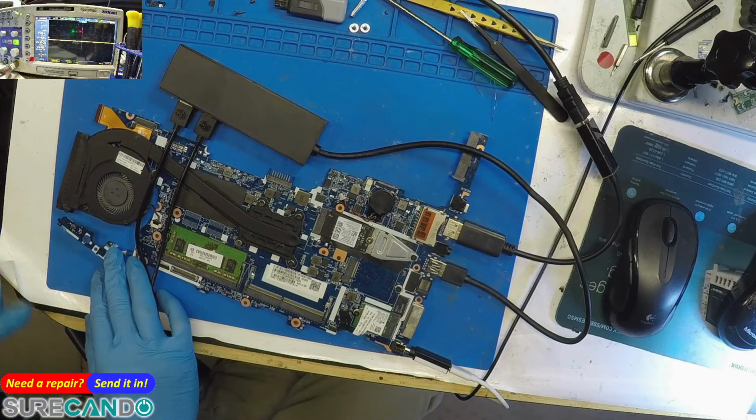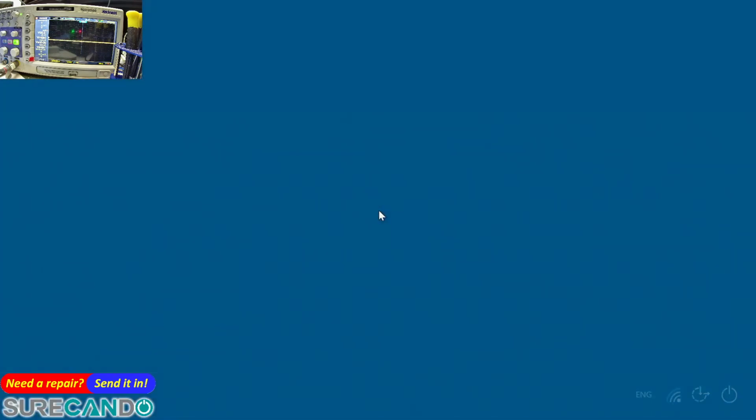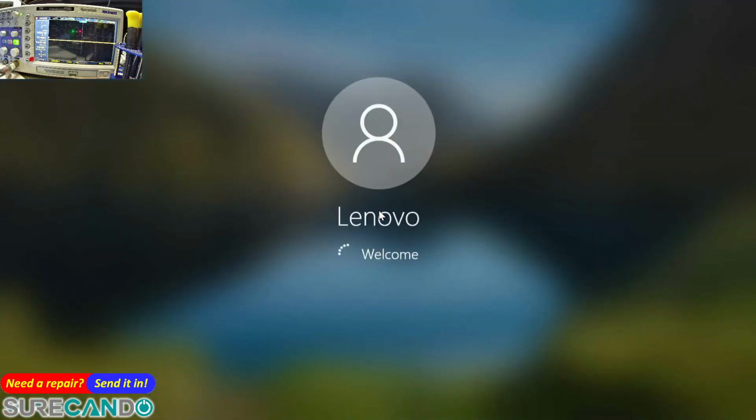Okay, finally, okay. Turns on, okay. So, after this, right, which will be tomorrow, I'll have a look at the audio chip, which could be a false alert. But let's see if that I2C error will disappear after removing the audio chip.